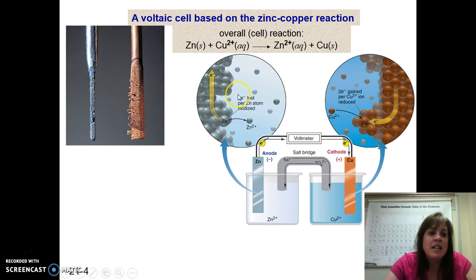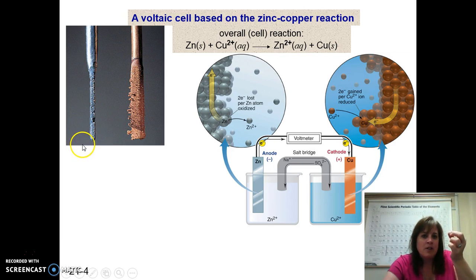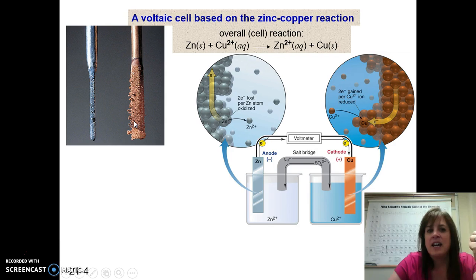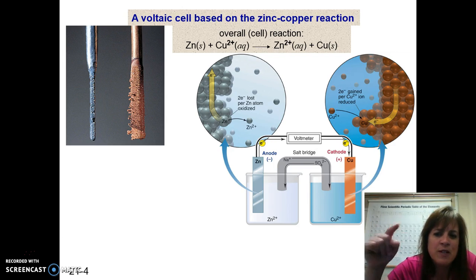This is what would happen if we watched this after a while. The zinc would be getting smaller and smaller as it came apart and became zinc ion. And we're making solid copper by depositing copper onto the wire. And if you remember, in first semester, we actually did that. Remember, we deposited copper onto a wire? It's pretty cool. It was in one of our chemical reaction labs.